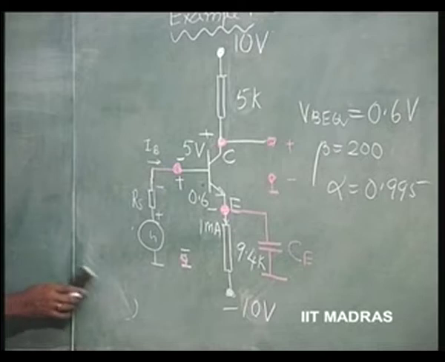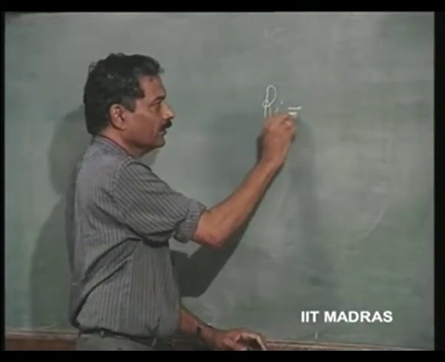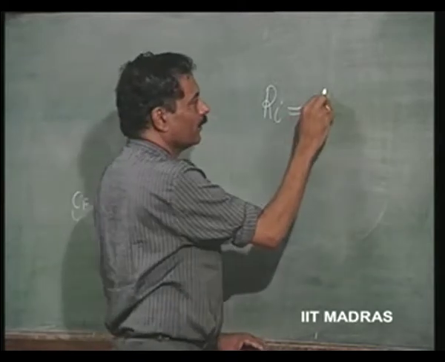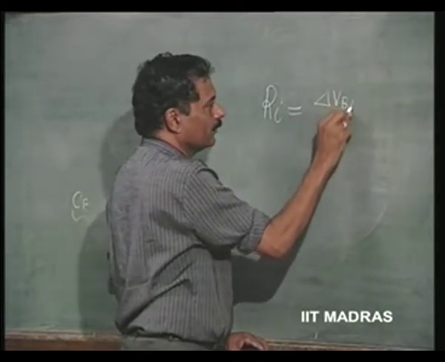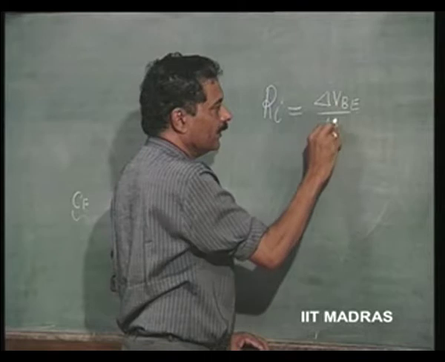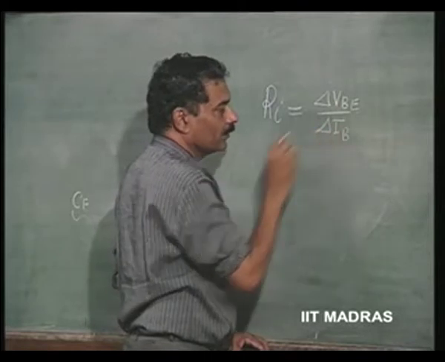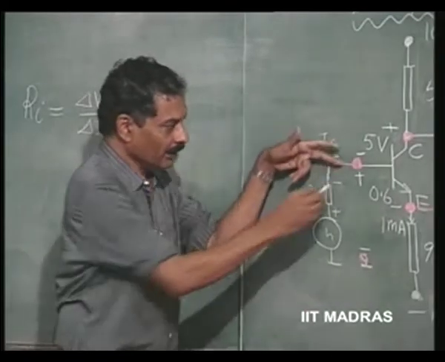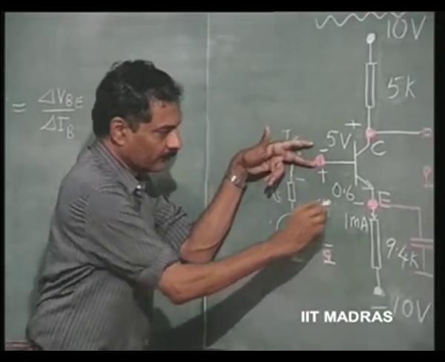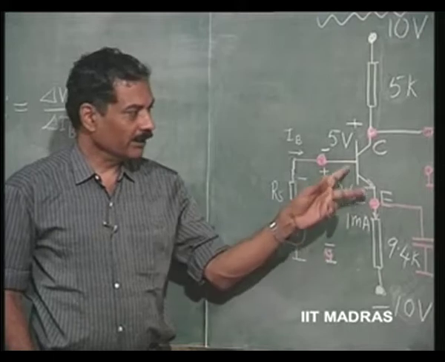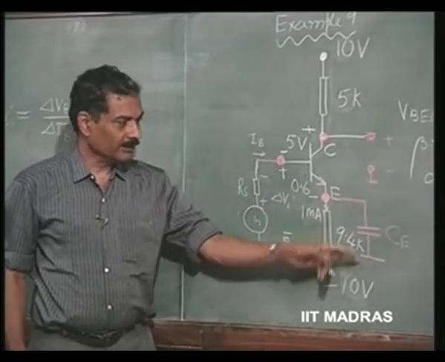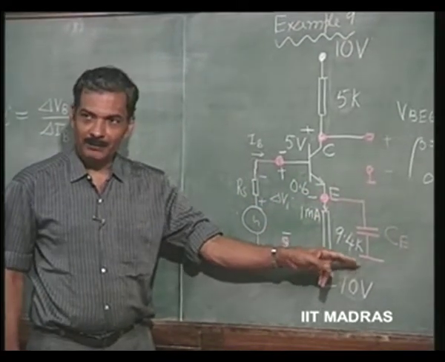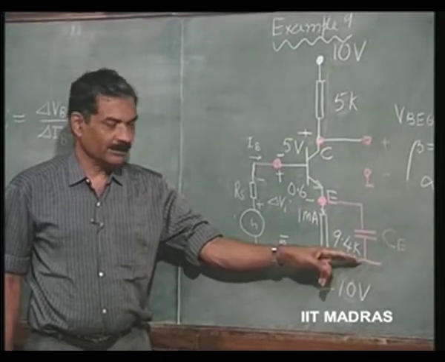And now we can see its performance. Ri, input impedance, is equal to delta VBE divided by delta IB, because delta VBE is the input signal here. There is 0 drop from emitter to ground, it is grounded.